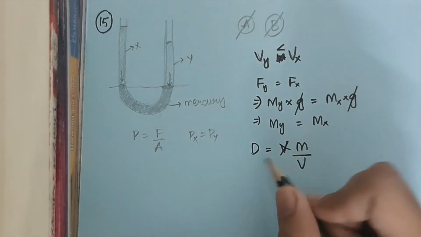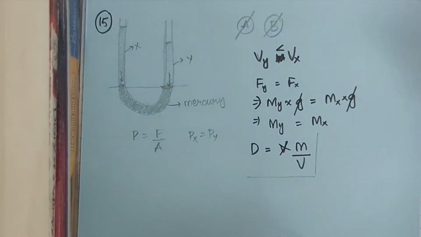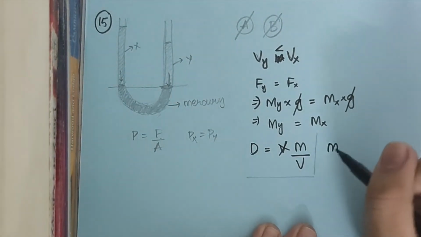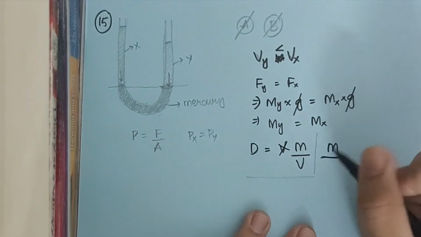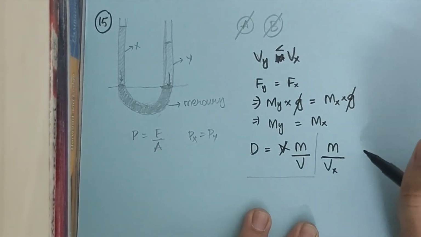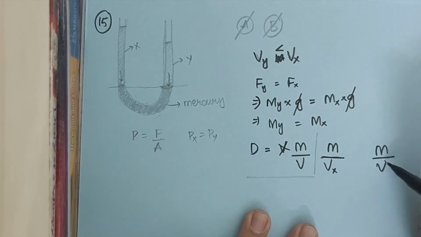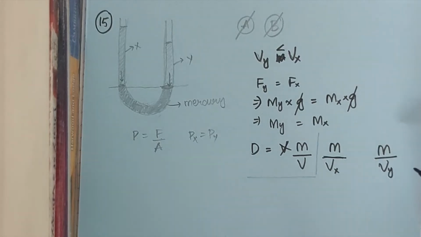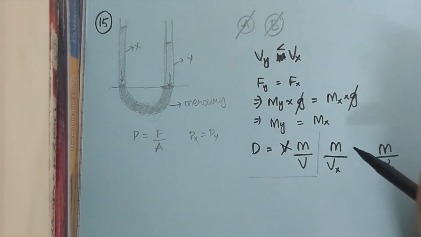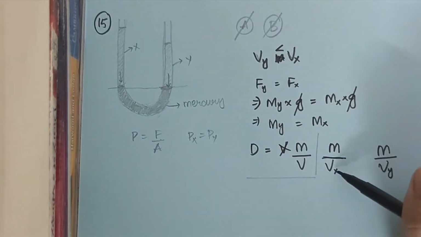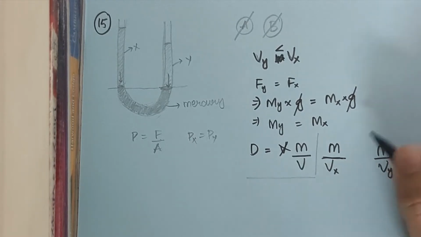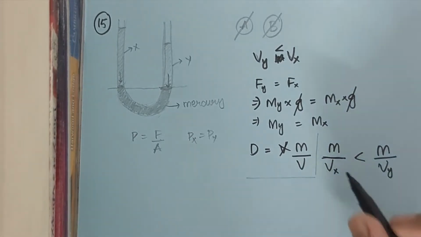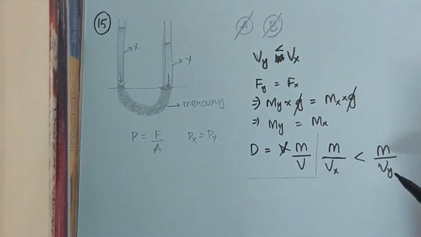So what we need to compare is m, which is the mass for either of the liquids in the column, divided by Vx versus m divided by Vy. If we compare both of these, we can easily say that the first fraction is smaller because the denominator is greater. Therefore, the density of x is smaller than density of y.